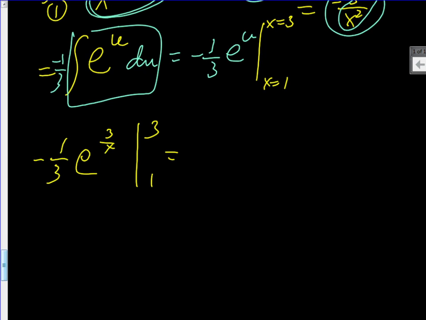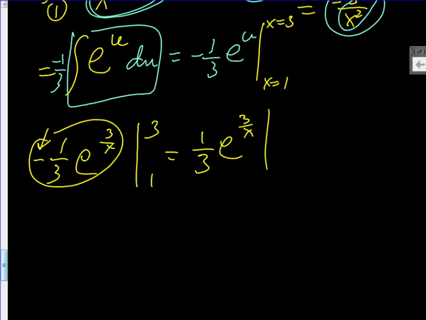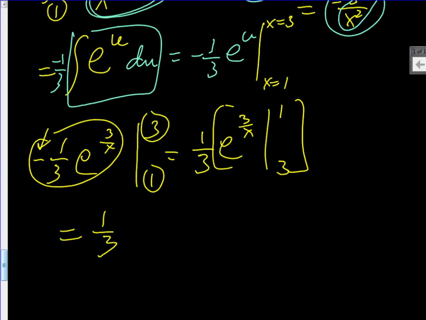I can't deal with negatives out there, especially when I'm subtracting. It's going to be this minus something else, and it's going to be negative this minus negative something else. I'm going to get rid of that minus sign. Say bye to it. But I have to interchange the limits. So it's going to be 1/3 times that.